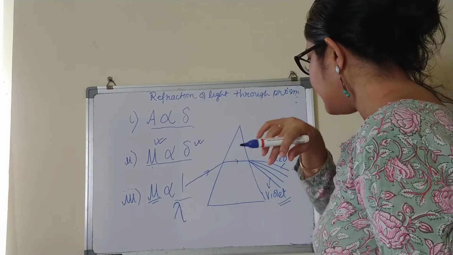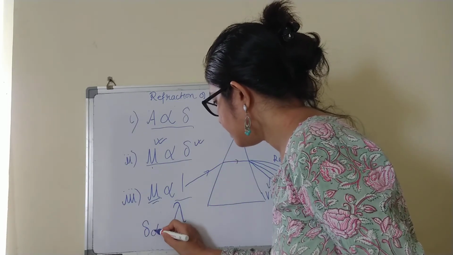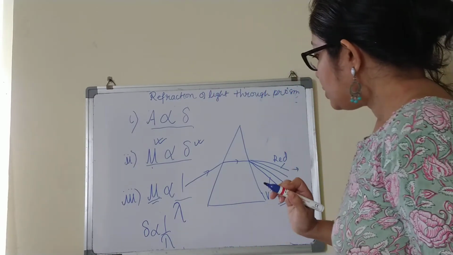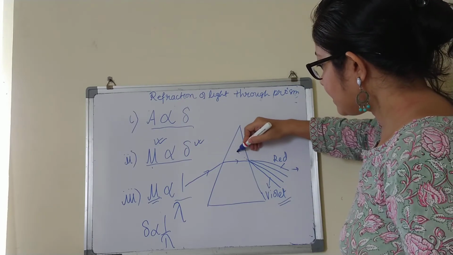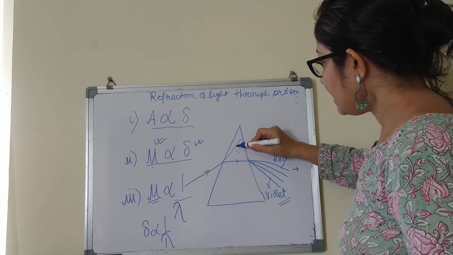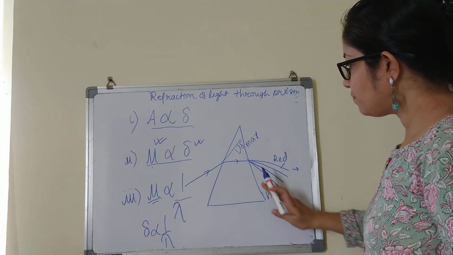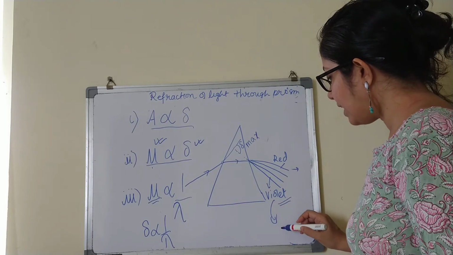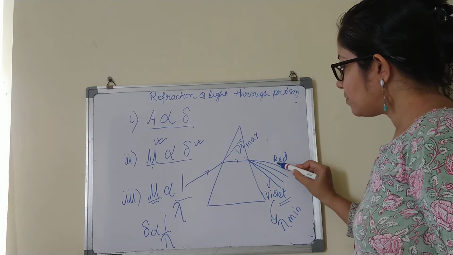Now we will see that this violet has deviated the maximum. Deviation is maximum for violet, so what will be the wavelength of light? Minimum. What about red?